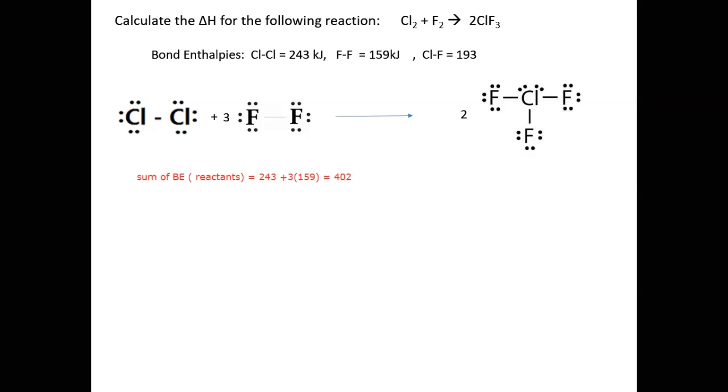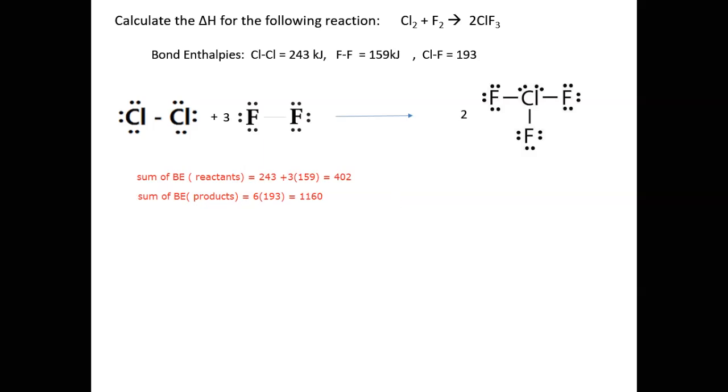Then we do the same thing for the products. It would be 6 times 193, which is 1,158.